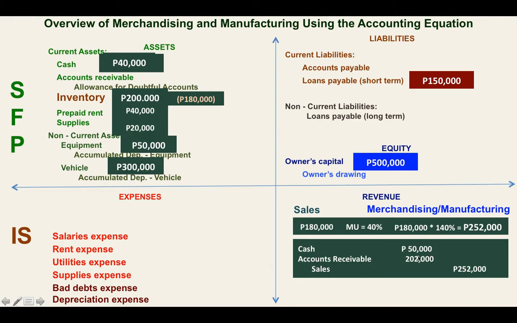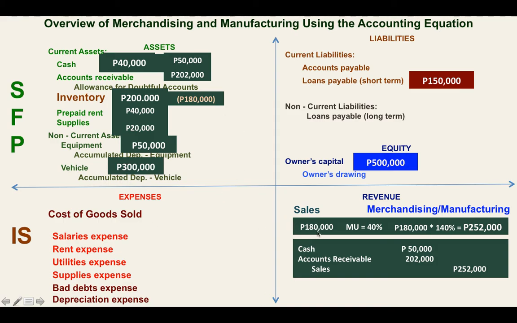So with this, there will be an additional 50,000 in our cash and accounts receivable of 202,000. Okay? And since we have already sold this 180,000, we have to remove this from our inventory. So we will transfer that as the cost of goods sold.